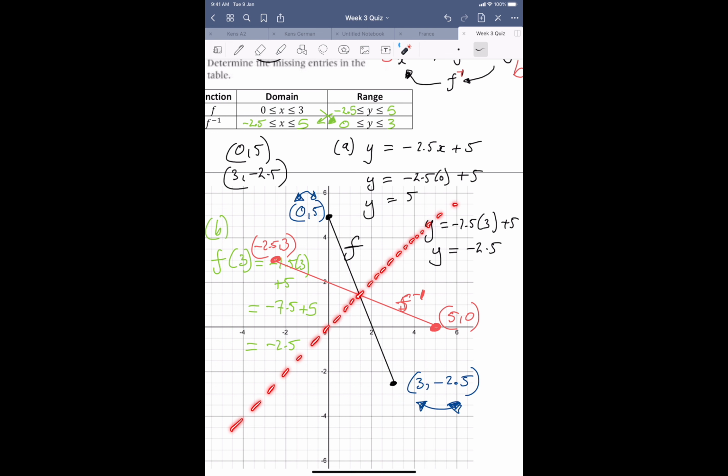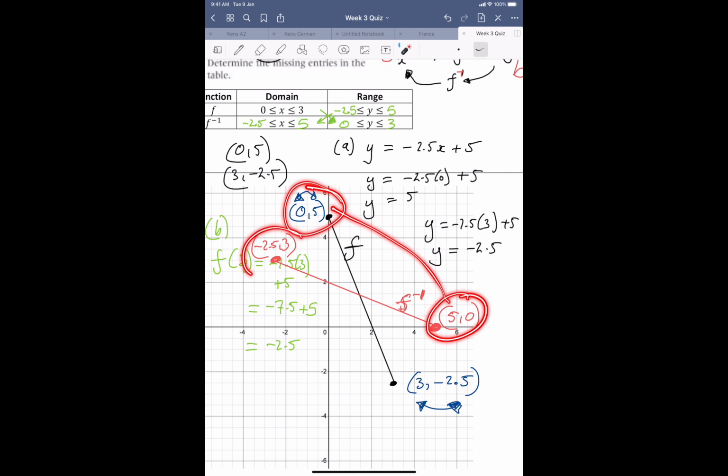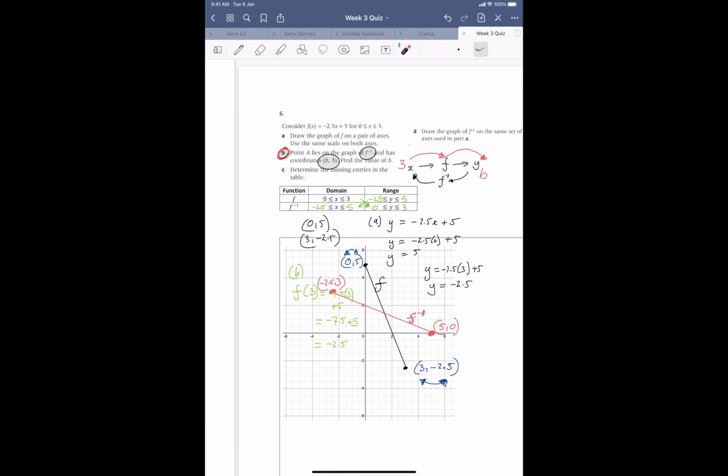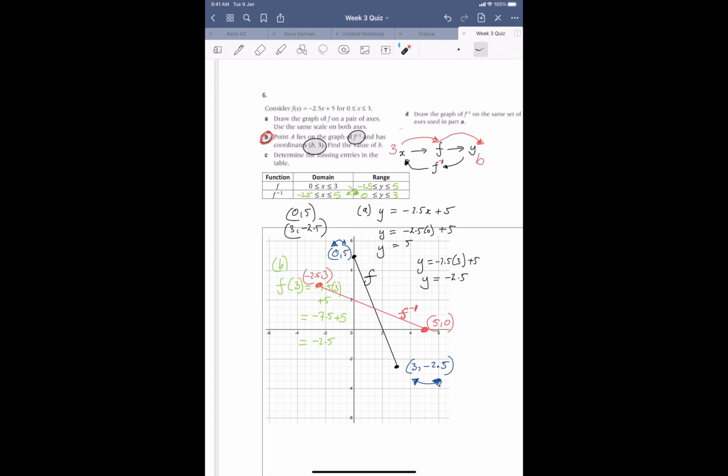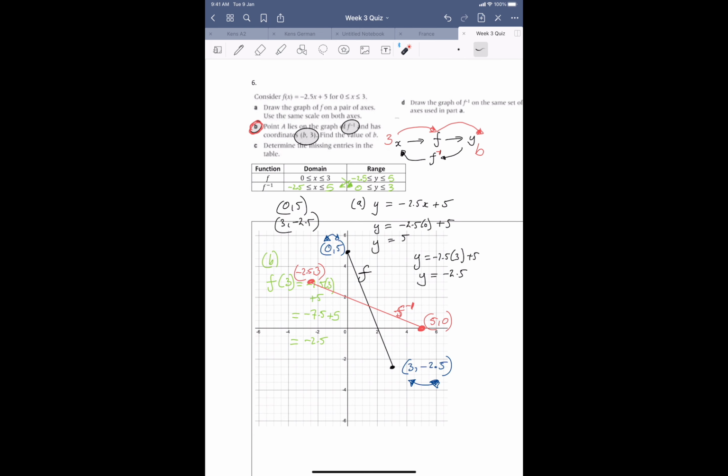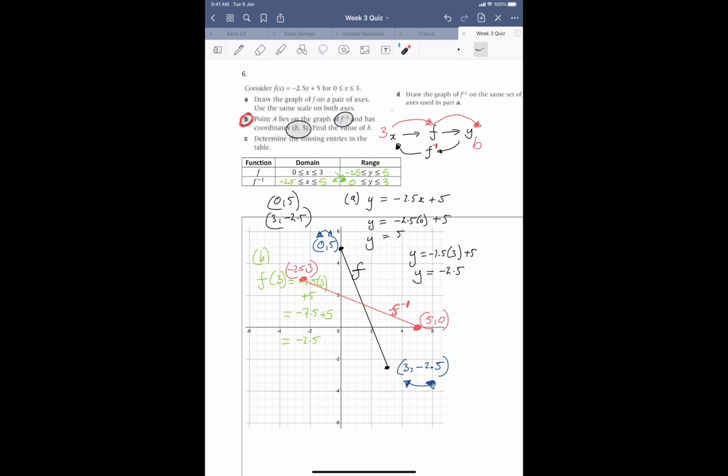So the function and the inverse are always a reflection in the line y equals x, and the x and y coordinates just switch around for every single point on the graph, and then there's sometimes one point here that might lie exactly on the line of symmetry. If you are looking to see what that looks like on the TI-Nspire, you can, but I think it's simple enough to write it out this way, yeah?